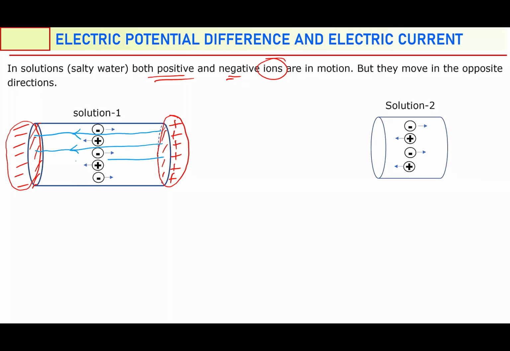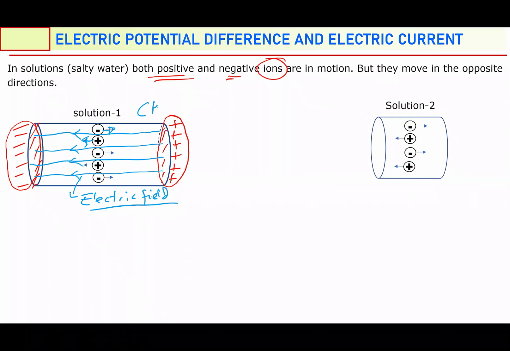When one end of this conductor is positively charged and the other end is negatively charged, an electric field will be formed in the conductor. And yesterday I explained, if you put a charge inside an electric field, this charge will start moving. Positive charge always moves in the same direction as the electric field, and negative charge always moves in the opposite direction of the electric field.